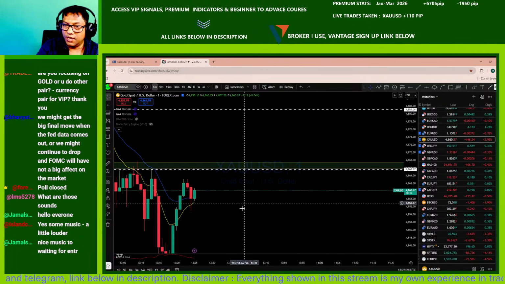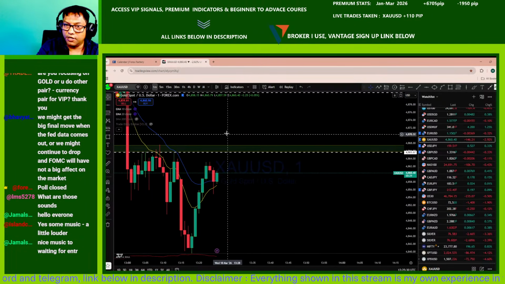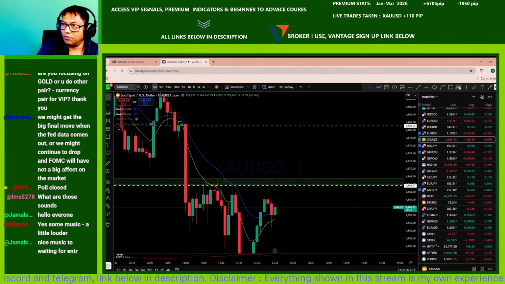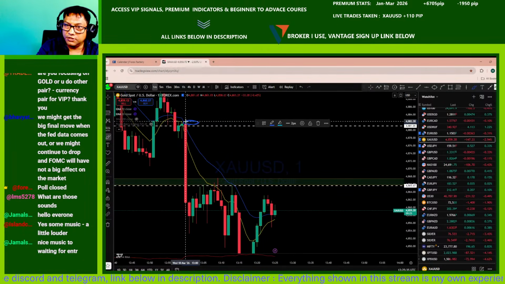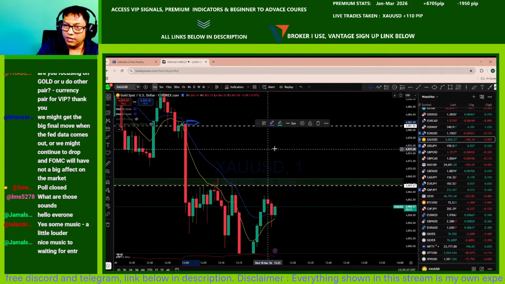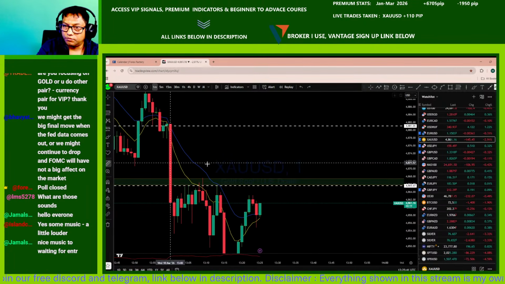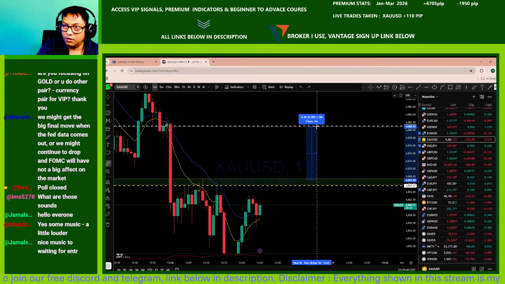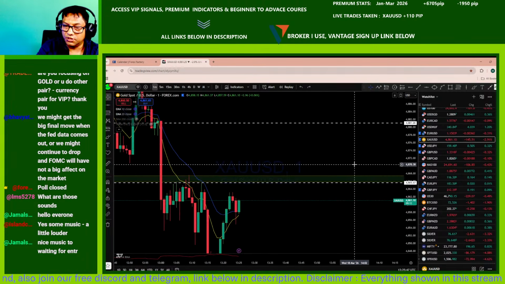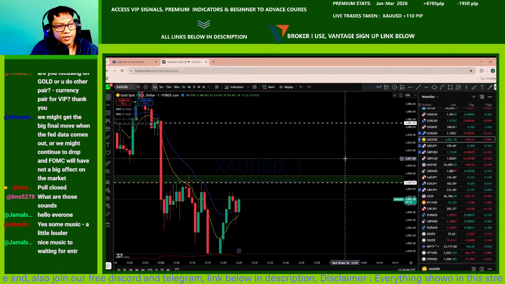As you look at here, there was a gap open here. This is a high liquidity zone, and there's a void here. Right, a 140 pip void.